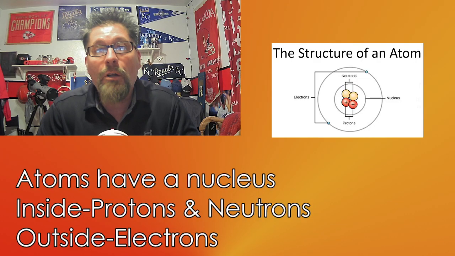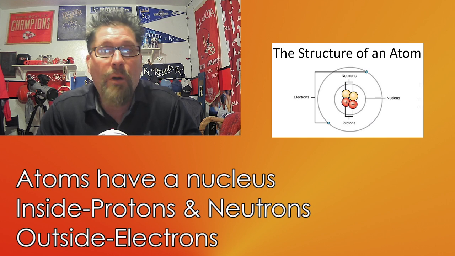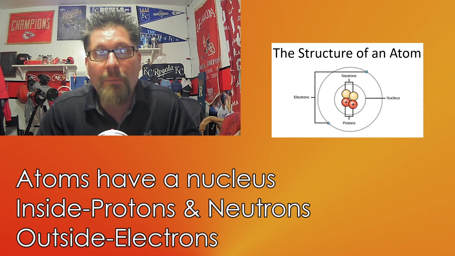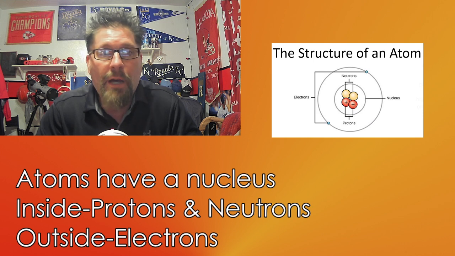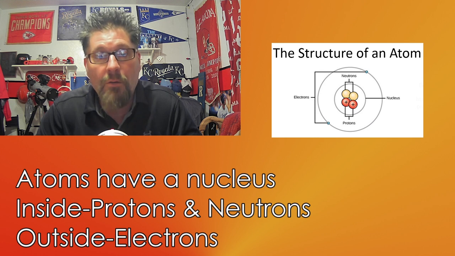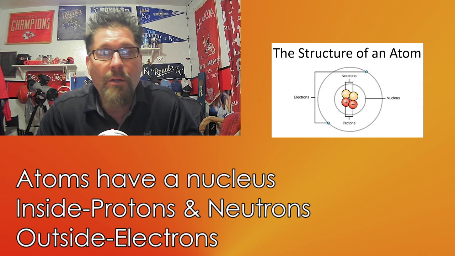Now, when we're talking structure of an atom, first of all, we're talking about an atom, which is that basic building block of everything that has matter. If you want to think of something that you can compare it to visually, you could think of a cell in a body. Cells are the smallest living thing of all things living.